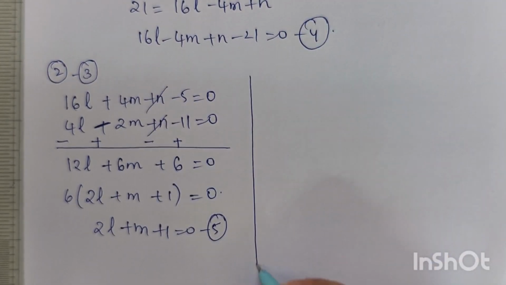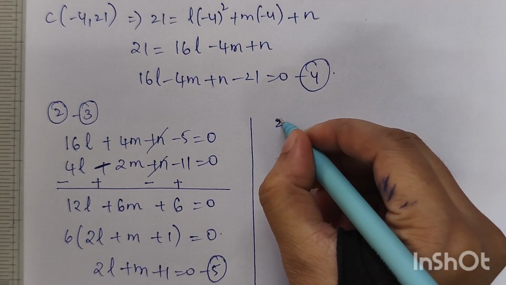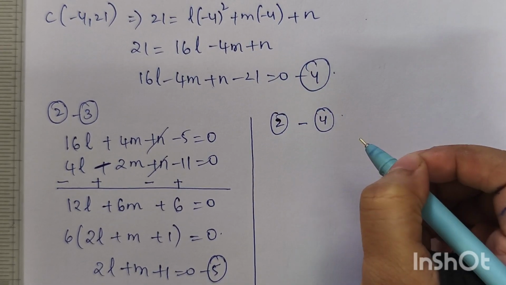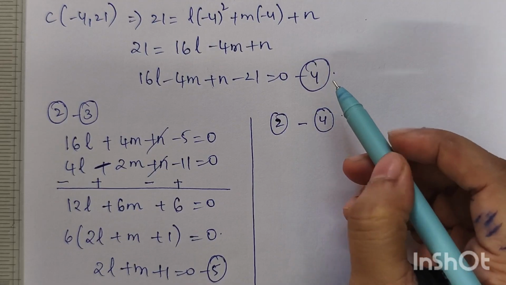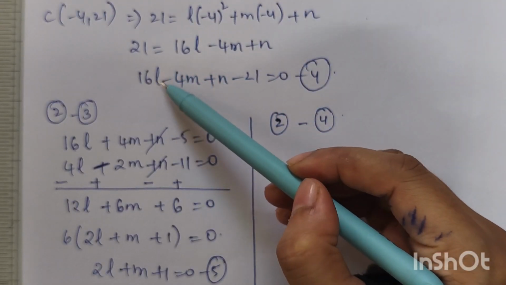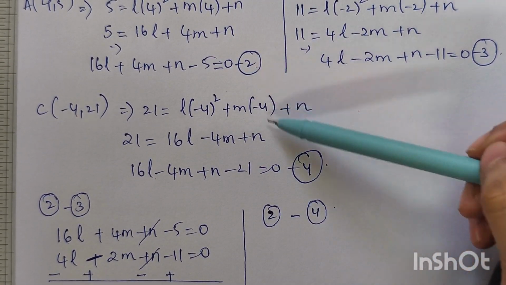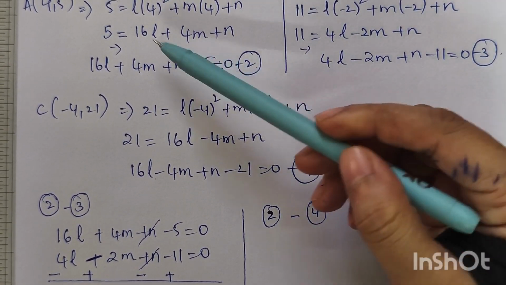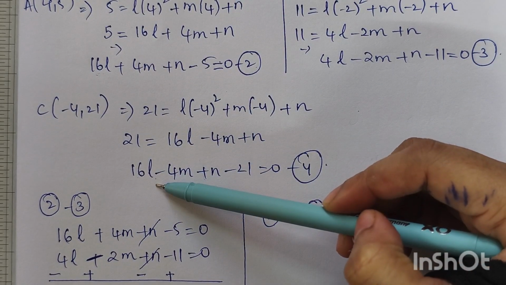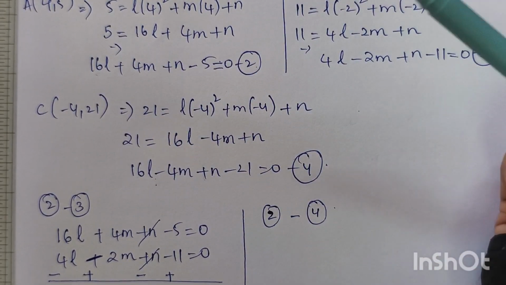Now we subtract equation 4 from equation 2, because they have the same coefficients: both have 16l, and n and n. So the n and 16l can be cancelled easily.